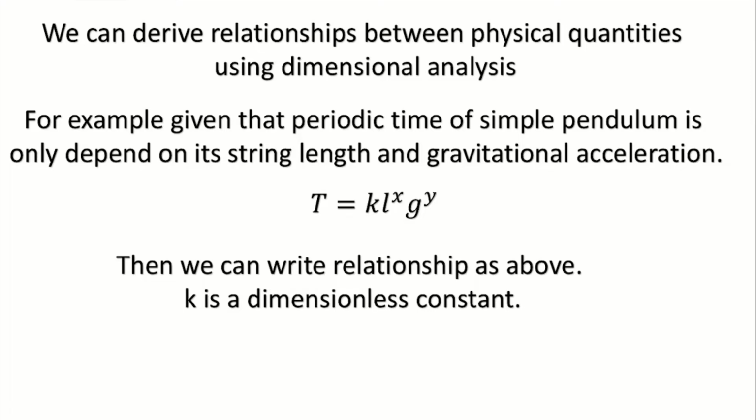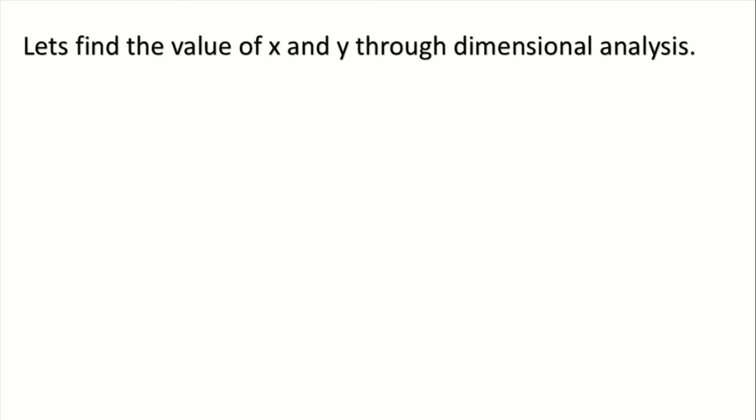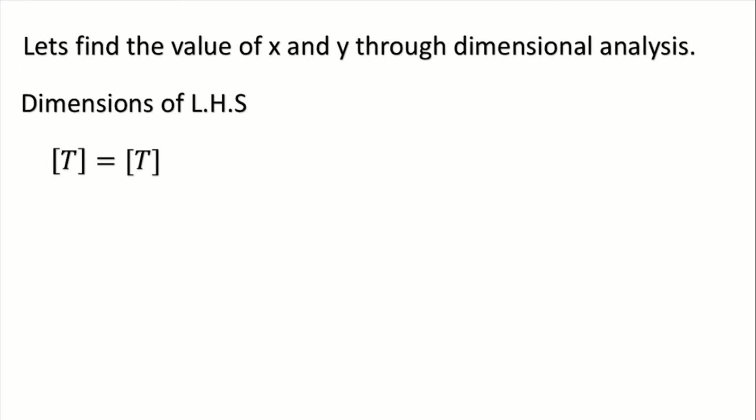Next we are going to see how to get the values of x and y. Let's find the values of x and y through dimensional analysis. First I am taking the dimension of the left hand side. LHS means left hand side. On the left hand side there is the periodic time, which has the dimension of time, and I can denote this as below using all three dimensions. It has the first power of T and the zero power of length and mass.